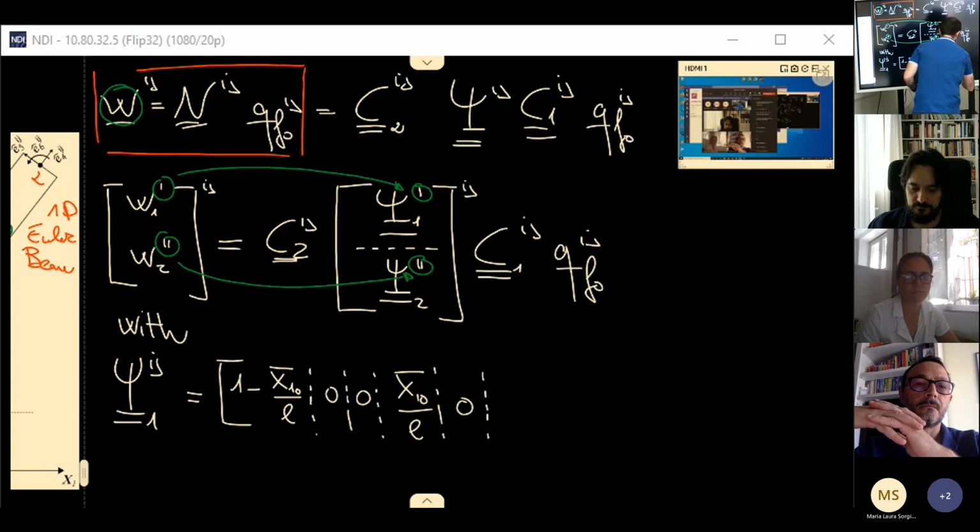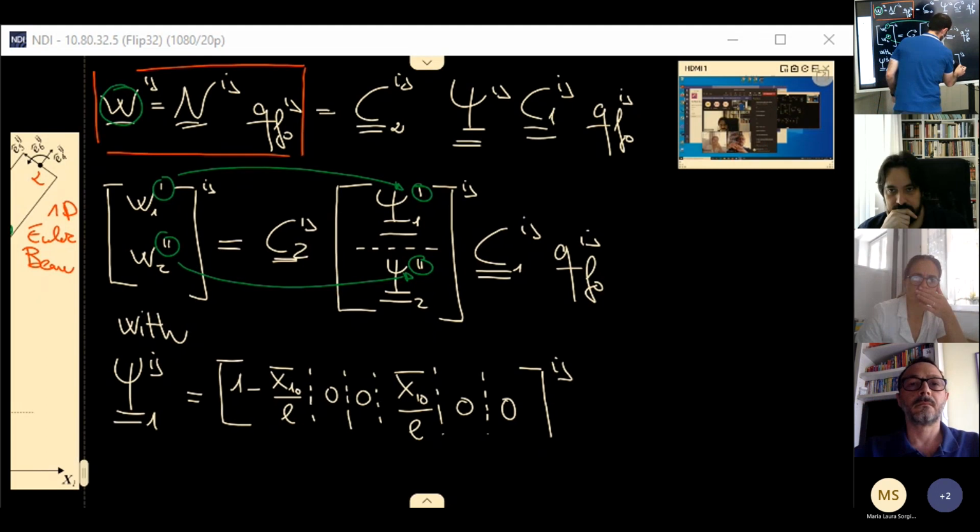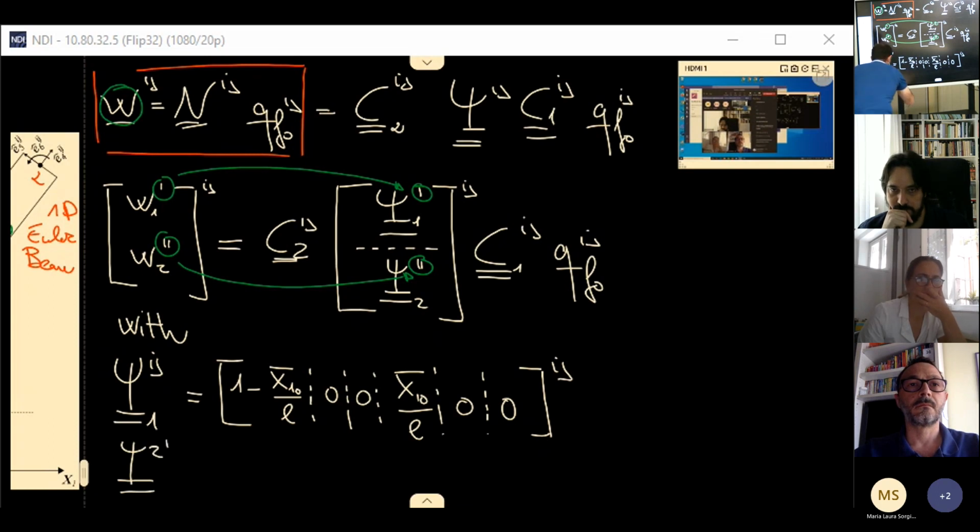This we have already introduced at the start of this exercise, if you recall it. So this was the first row, if you want. And then we have the second row, which is a little bit more long to write, but let's do it for the sake of clarity.